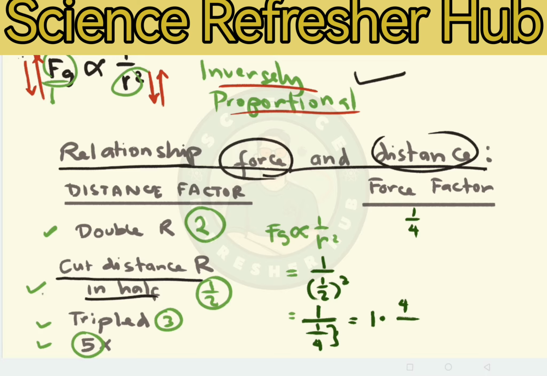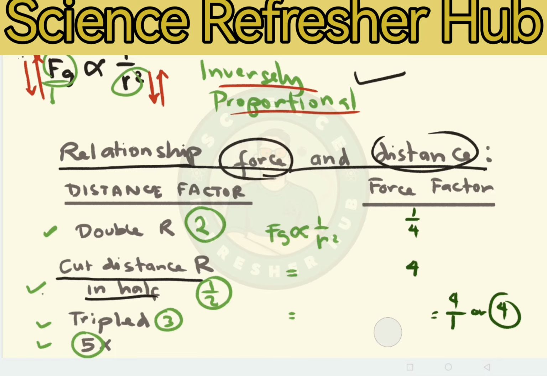So 1 times 4 is 4, over 1 times 1, that's 1, or simply 4 divided by 1 is 4. So if we cut the distance into half, we will have a force factor of 4. And what about if we triple the distance?